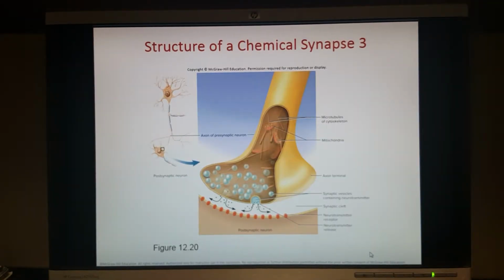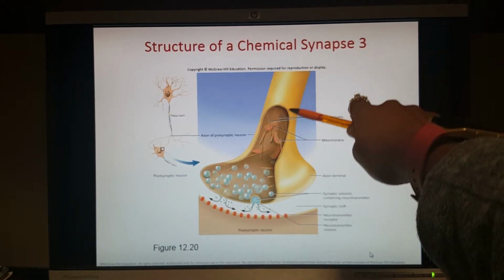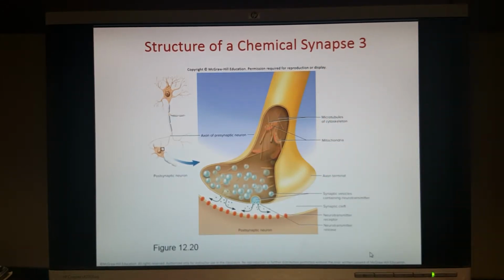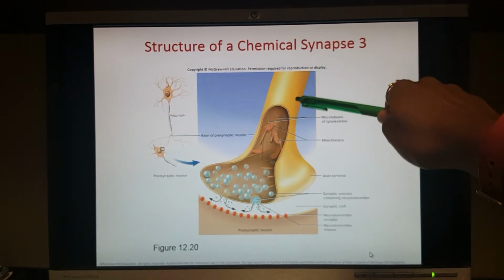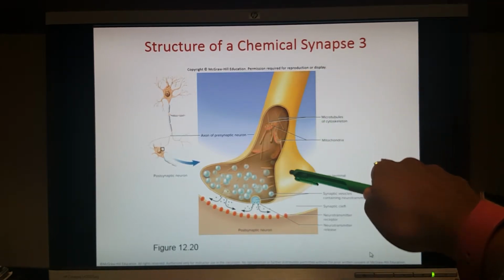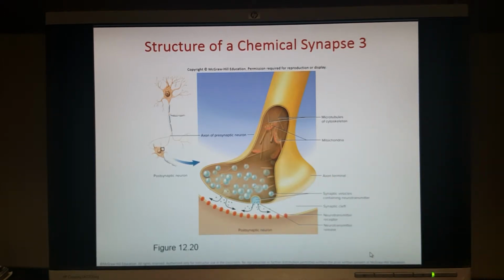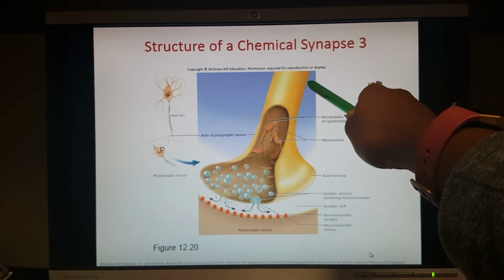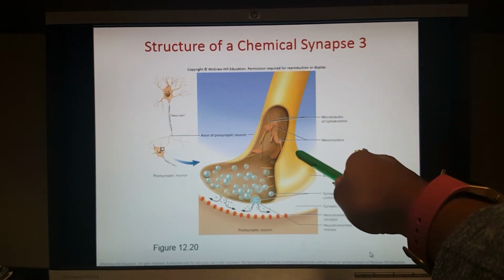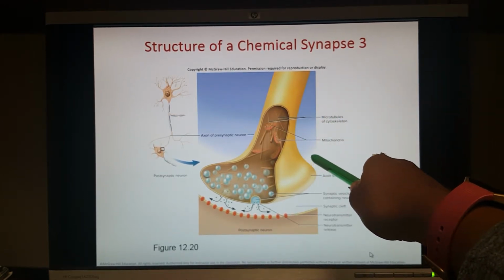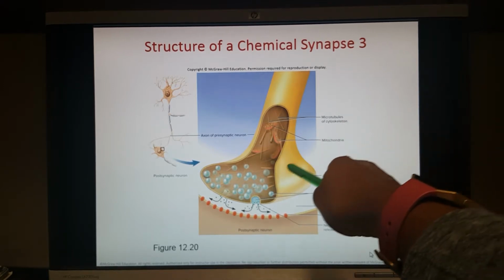So here's a cute little cartoon version of a chemical synapse. At the top we have our presynaptic neuron. Here's our axon traveling down towards our synapse, and there's our electrical signal. It sends the signal down, and once it reaches the axon terminal, the action potential will trigger voltage-gated calcium channels to open, allowing calcium into the cell.